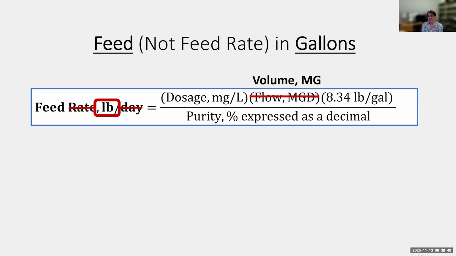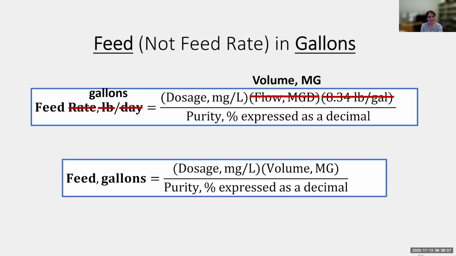And if you remember how we did that, we just get rid of this parameter. So we could just cross that off. And what we get is feed in gallons equals the dosage in milligrams per liter times volume in millions of gallons divided by purity percent expressed as a decimal. Okay, is anybody having questions about that?